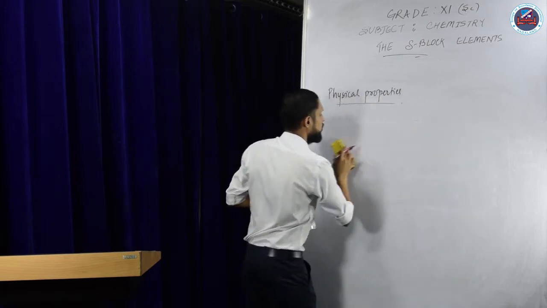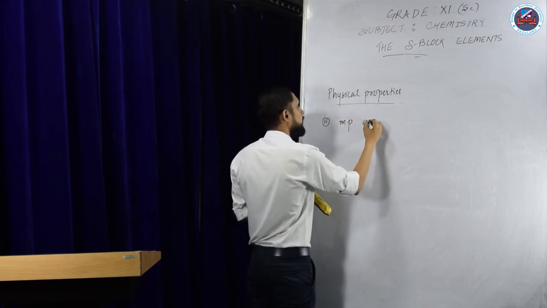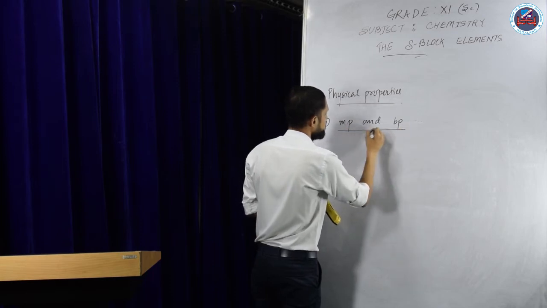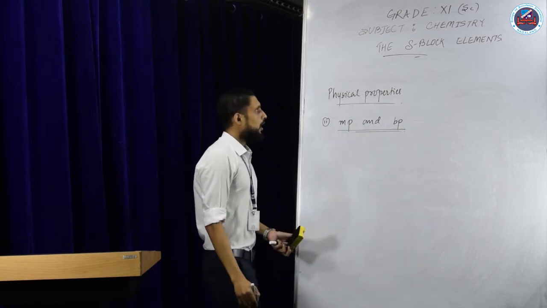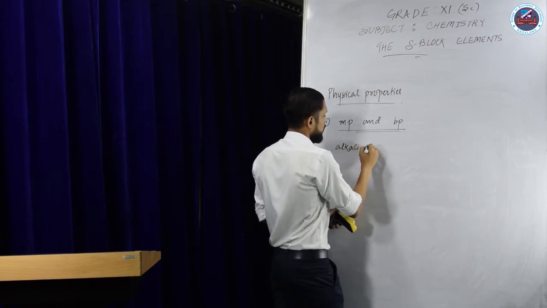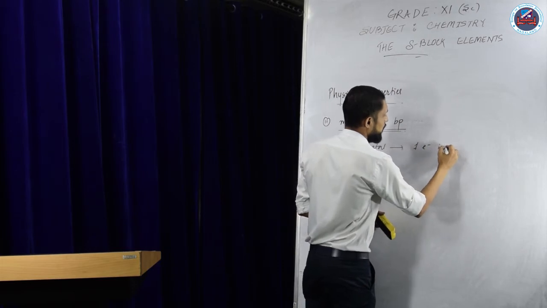Next, melting point and boiling point. Now, the alkali metals have only one electron in the outermost shell.